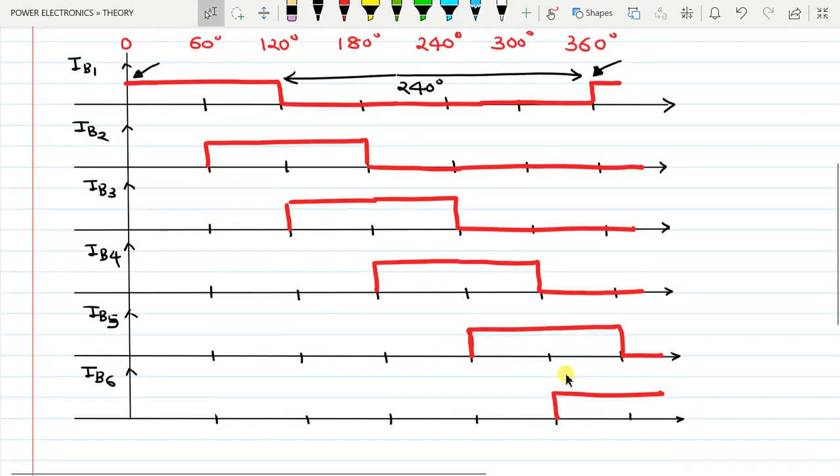So we have to take a difference between the edges. So 0 minus 240 is minus 240, 60 minus 240 is minus 180, 120 minus 240 is minus 120, 240 minus 240 is 0. That means it's like this.